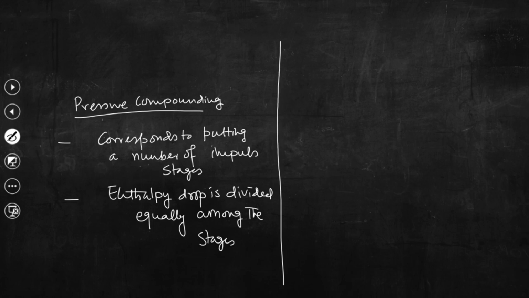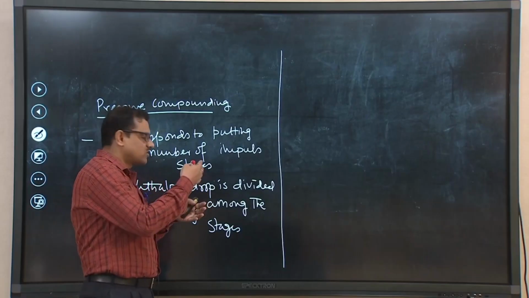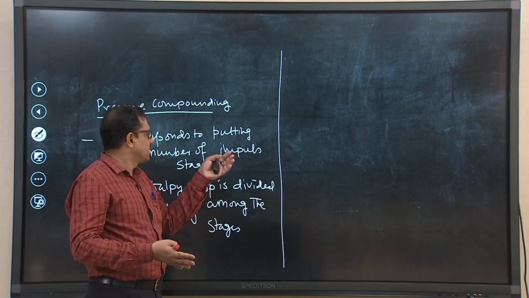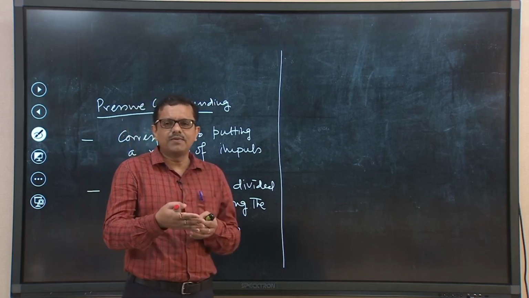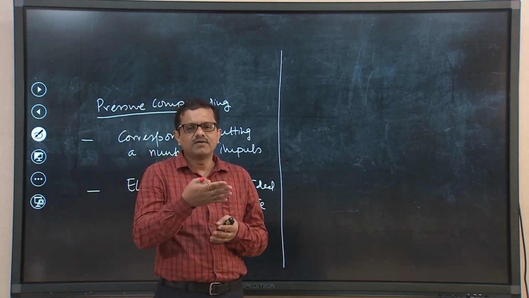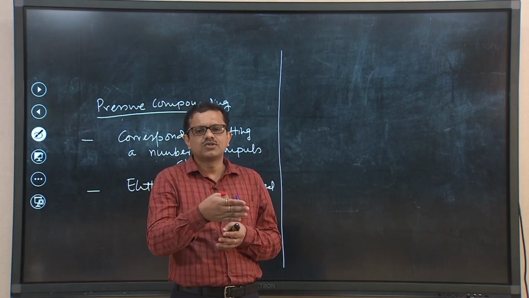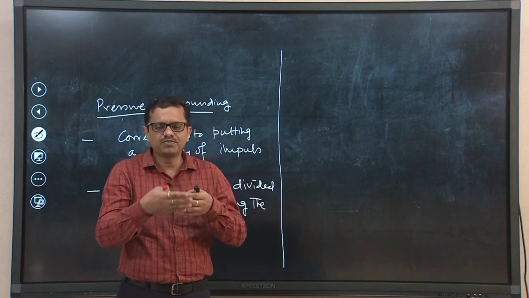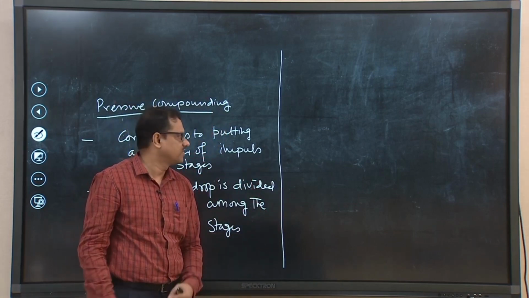Now, instead, if we use a number of stages and the total enthalpy drop is divided equally among the stages, we utilize the total enthalpy drop, but at the same time the velocity of steam leaving one stage will not be very high, so the speed of the wheel or the diameter requirement will not be very high.